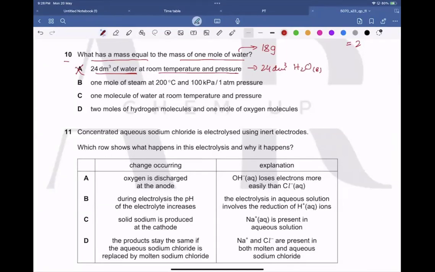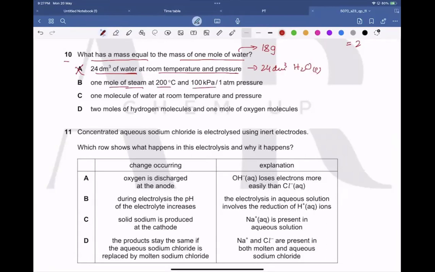Then it's going to be considered as the mass of 1 mole of water. But now we can't say that it is exactly 1 mole because it's water, it's not a gas. Now, 1 mole of steam at 200 degrees Celsius and 100 Kelvin.